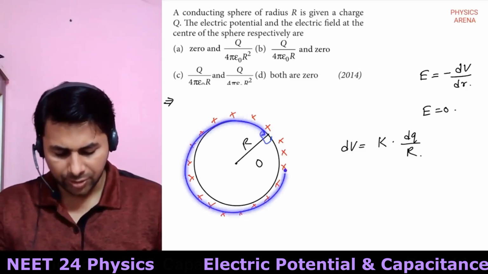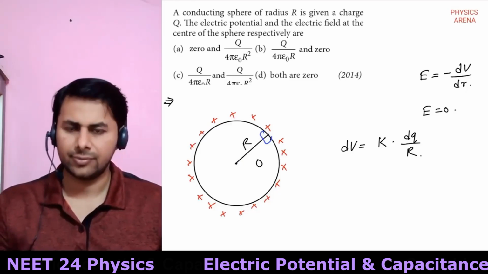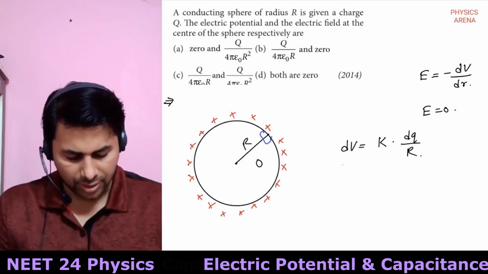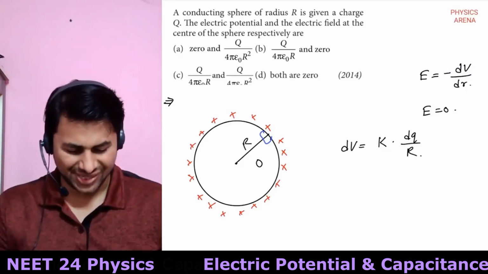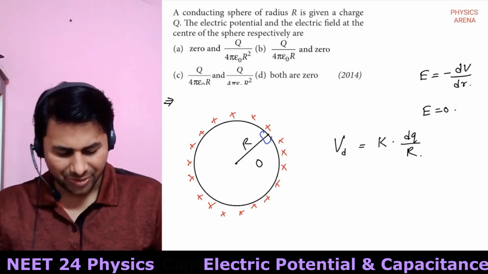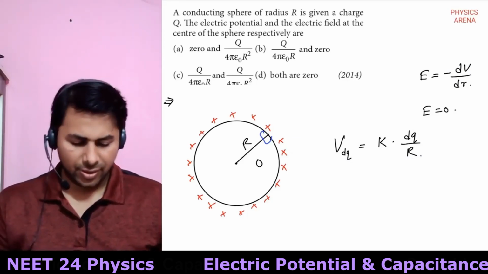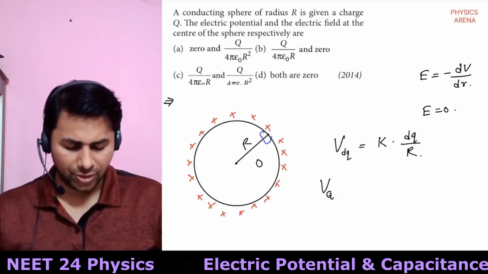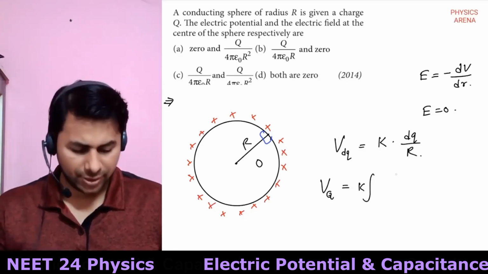Now you want to find the potential due to the sphere at the center. It will be an integral. The potential because of the total charge Q will be the integral of this. k you can take out.